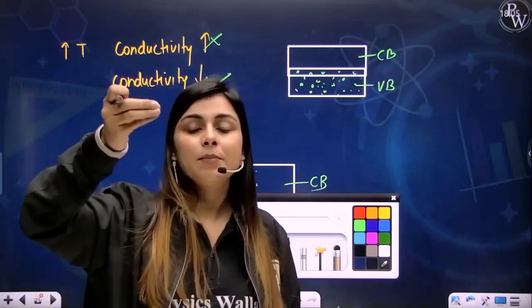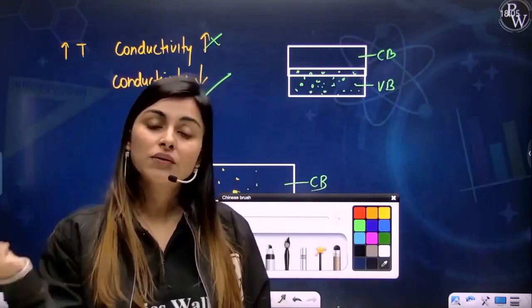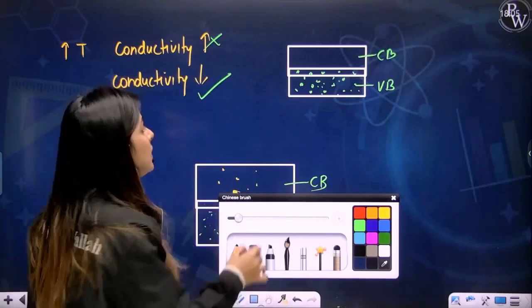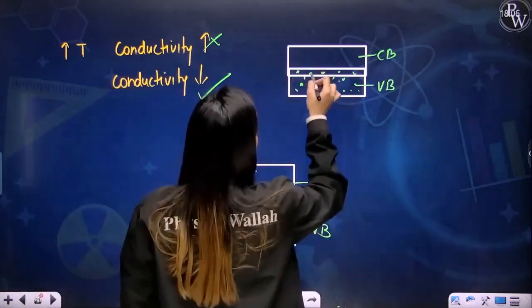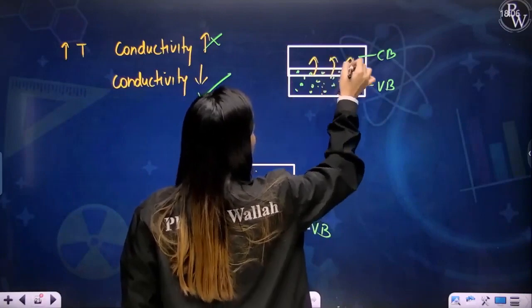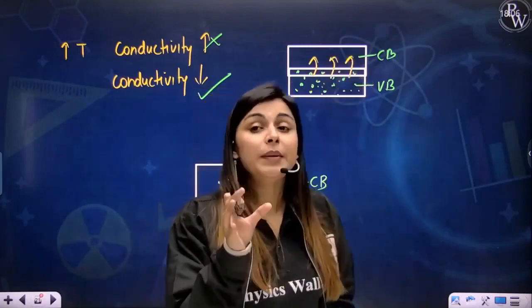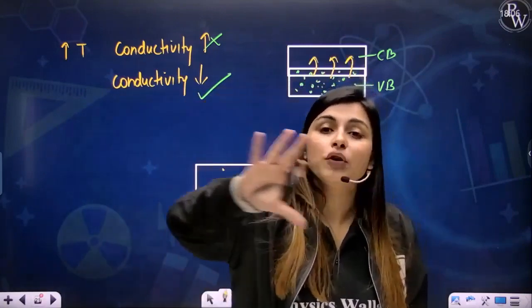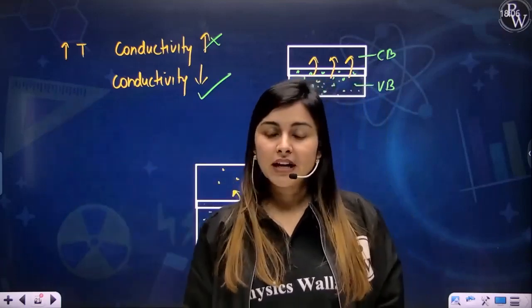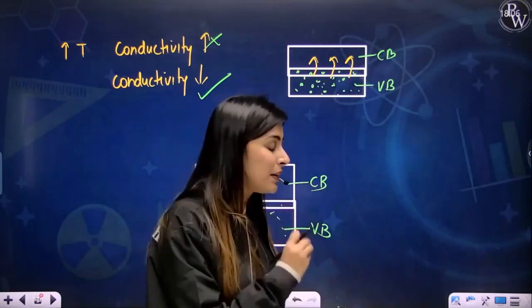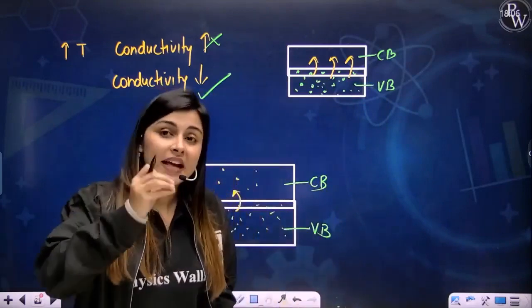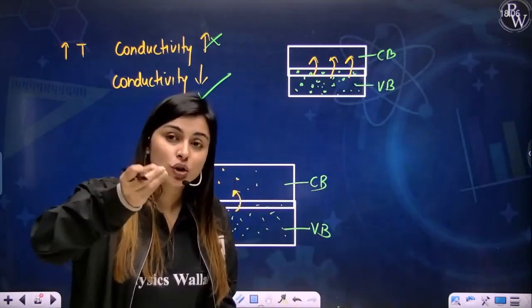If you increase the temperature, more and more of the electrons will go to the conduction band. And with the increase in temperature, your electrons will start moving into the conduction band, and there will be a time where the whole of your conduction band will be completely filled. Now, since the whole conduction band is completely filled, is there any empty space for the electrons to move?